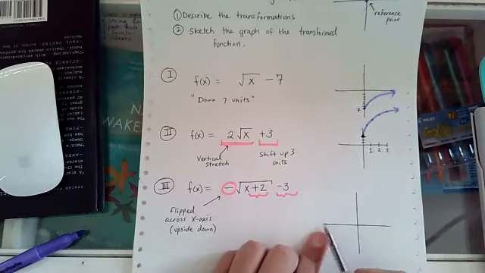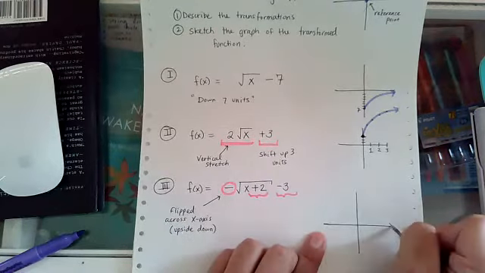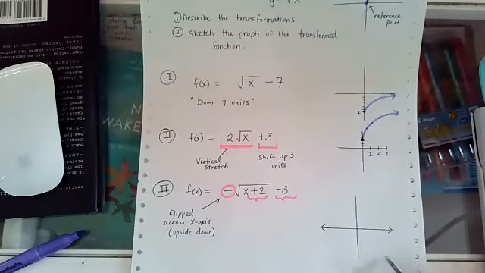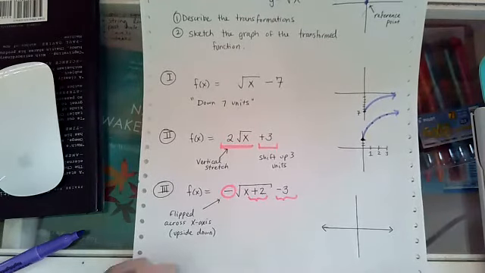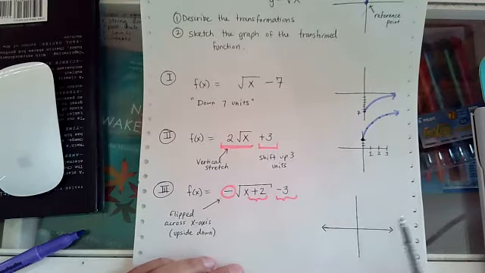Because if this right here is the x-axis, and the original parent function sort of looked like that, then if we multiply that by a negative, it should flip across here. So you'll get sort of an upside down arc shape. But in any case, we'll get to that in a second. We really want to move the reference point first.